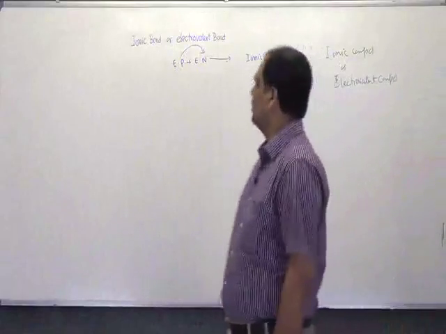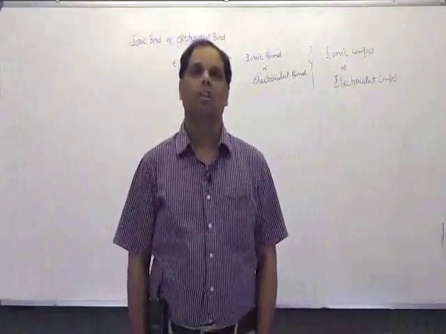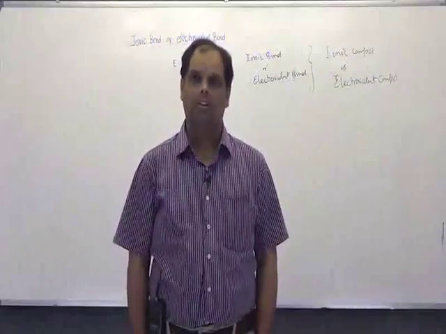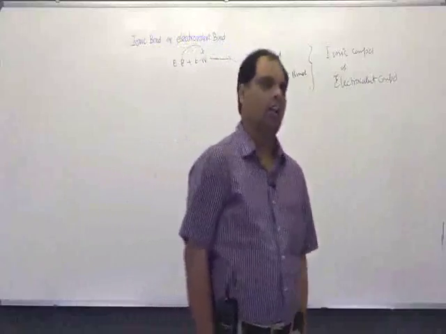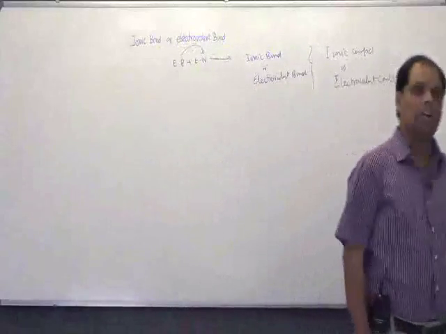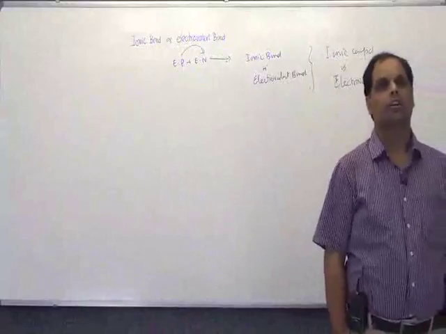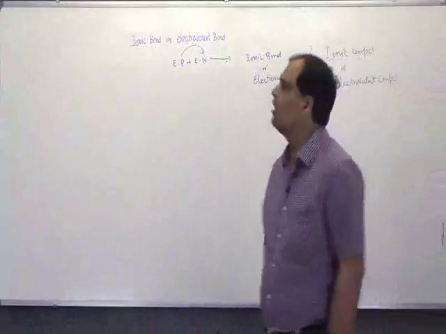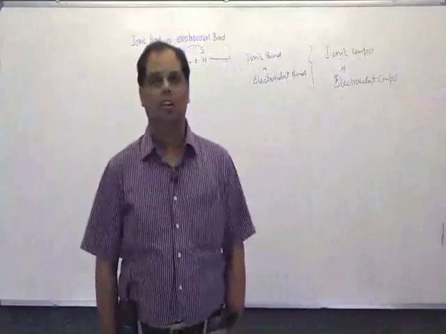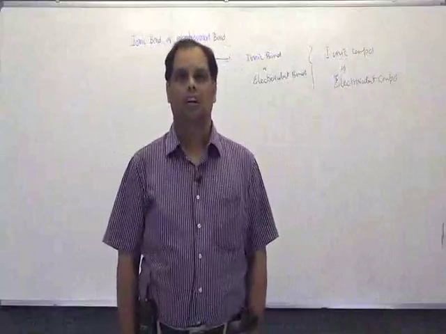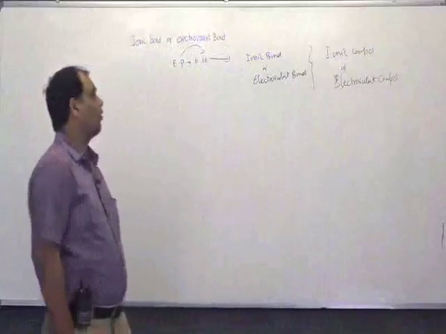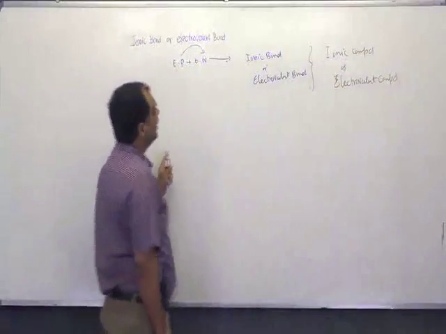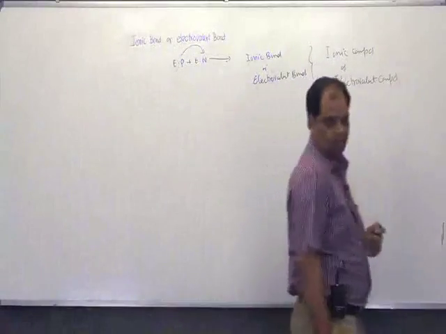The electropositive unit which transfers electrons generates a positively charged unit called a cation, and the electronegative unit which gains electrons generates a negatively charged unit called an anion. Ionic bond is the electrostatic force of attraction between cation and anion.